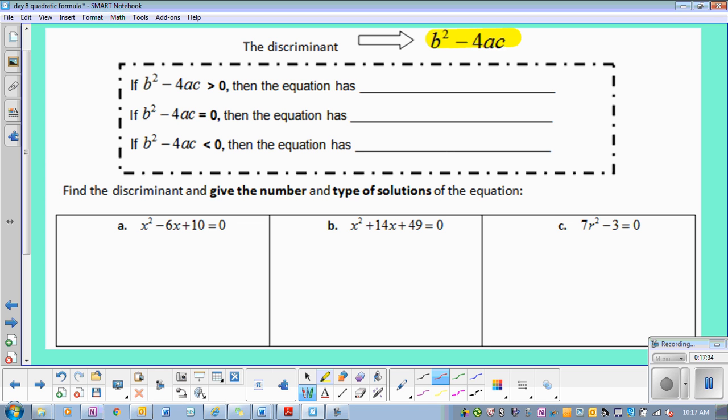What type of numbers are those? Positive. I don't care what the number is. If you plug in b squared minus 4ac and you get a positive number, that means that when you go to solve this equation, it has two real solutions.